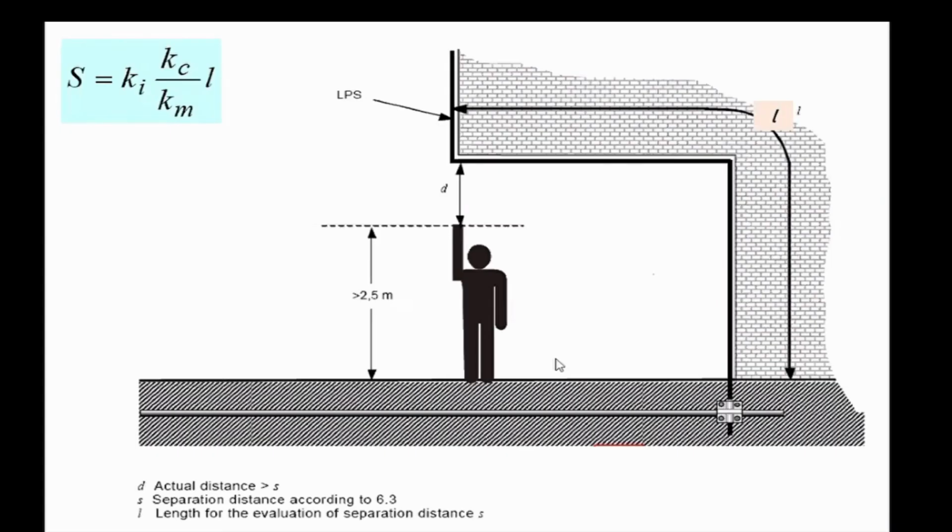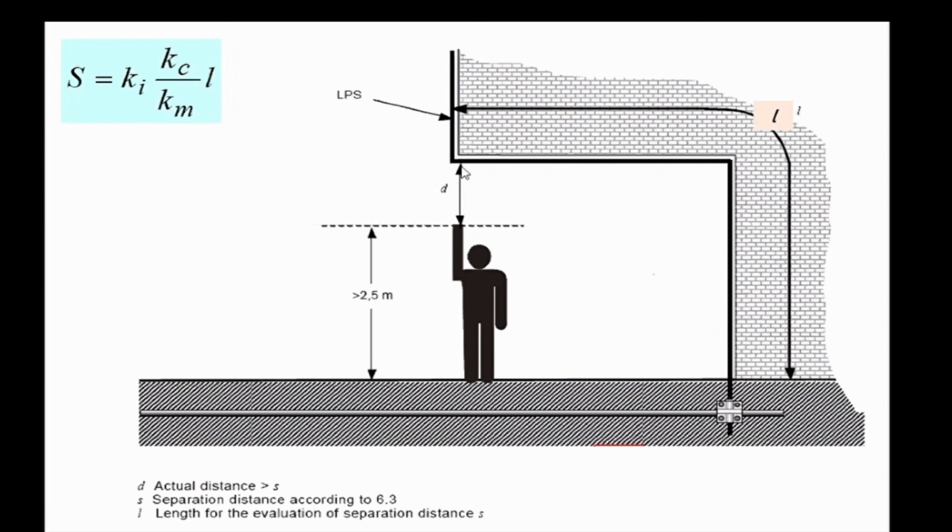Now let me take an example. Consider that there is a lightning protection system or down conductor taking double bends on a building. If a person is moving there or standing, then the maximum height the person gets is usually when he lifts his hand, isn't it? We assume that the height will be about 2.5 meters. If a person is 2 meters, then when he raises the hand, it's about 2.5 meters.